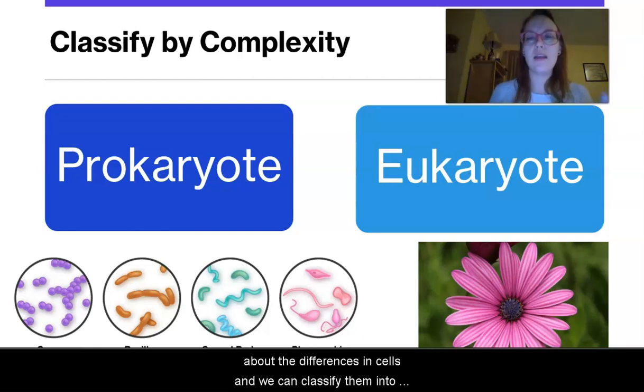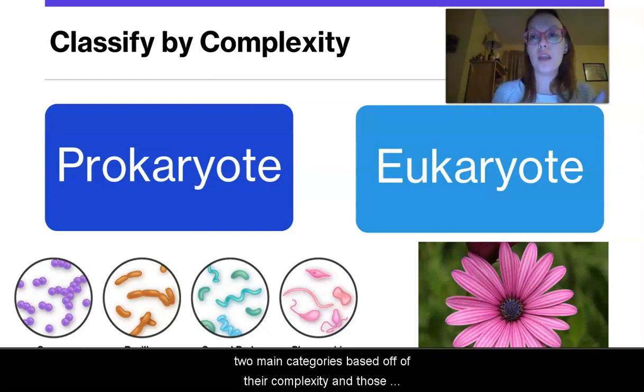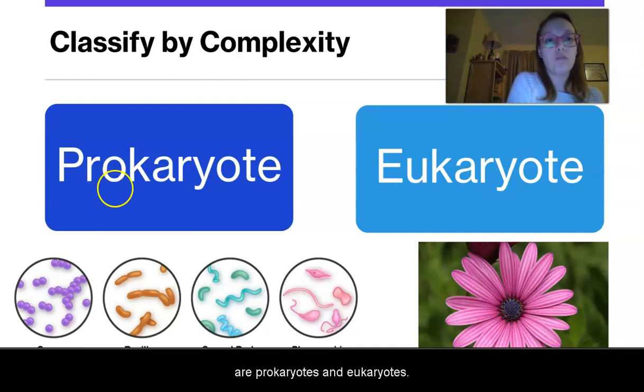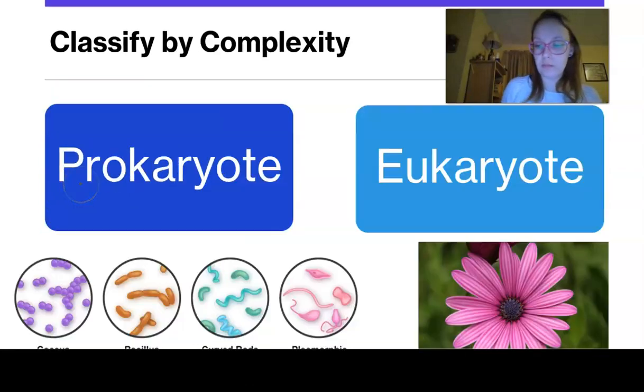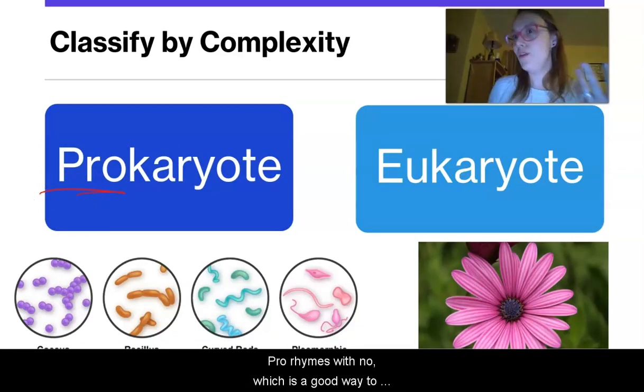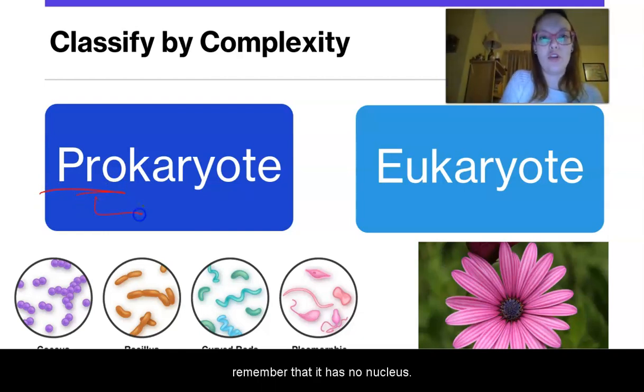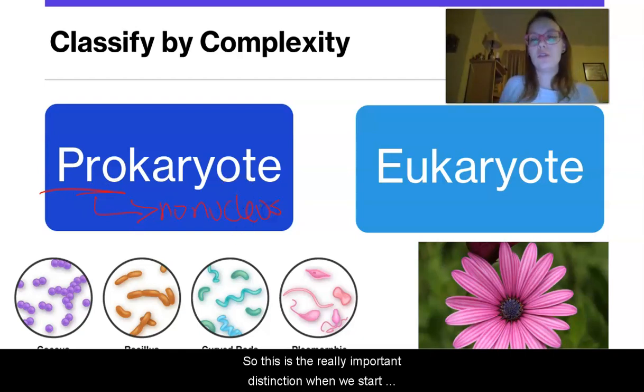And we can classify them into two main categories based off of their complexity. And those are prokaryotes and eukaryotes. Pro rhymes with no, which is a good way to remember that it has no nucleus. This is a really important distinction when we start moving on in our units.